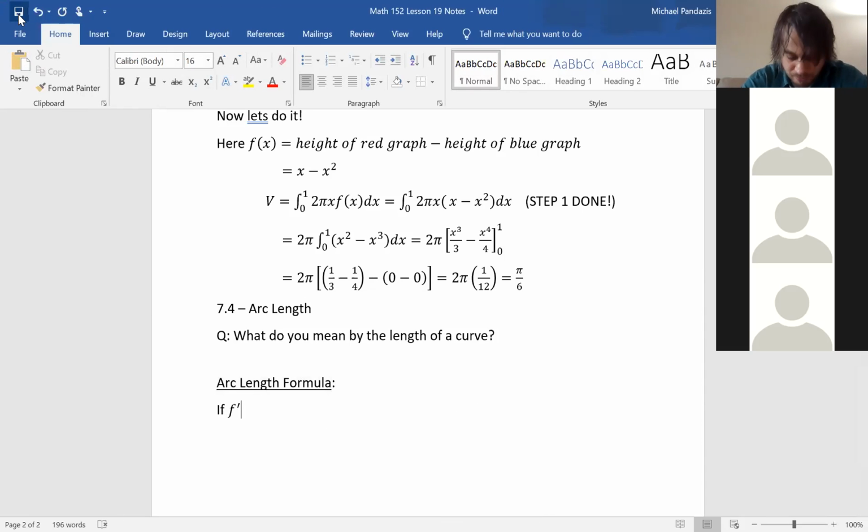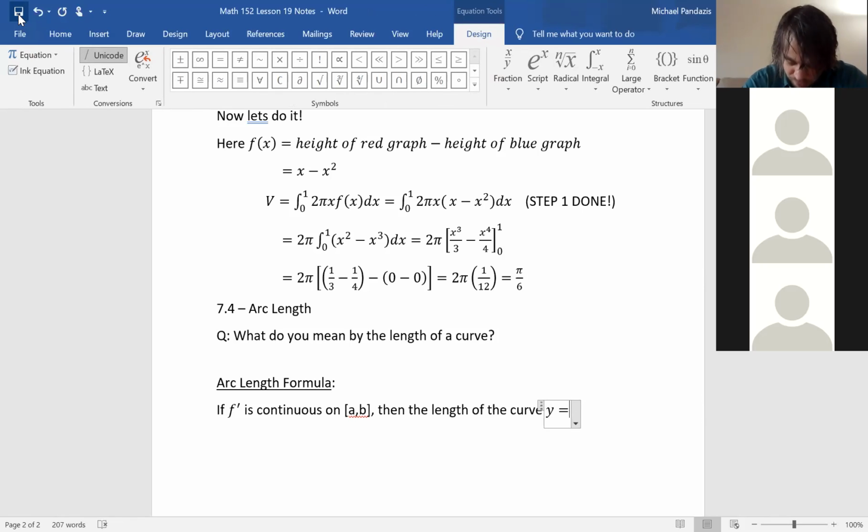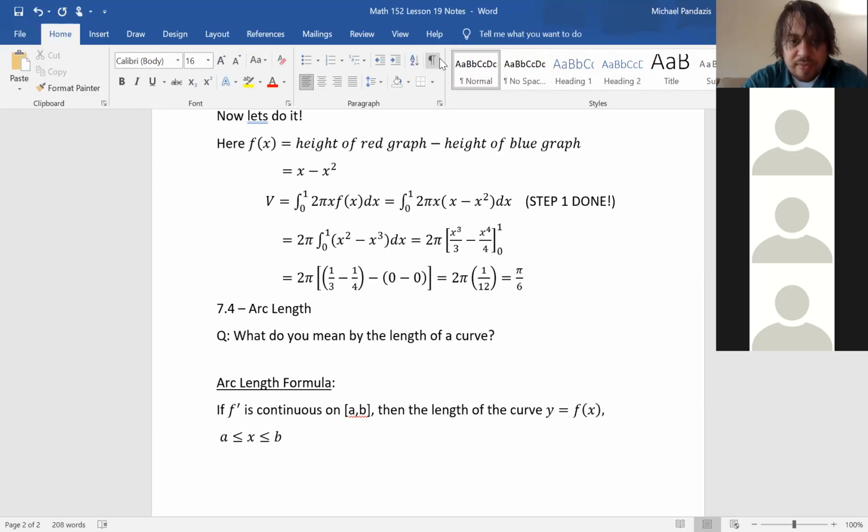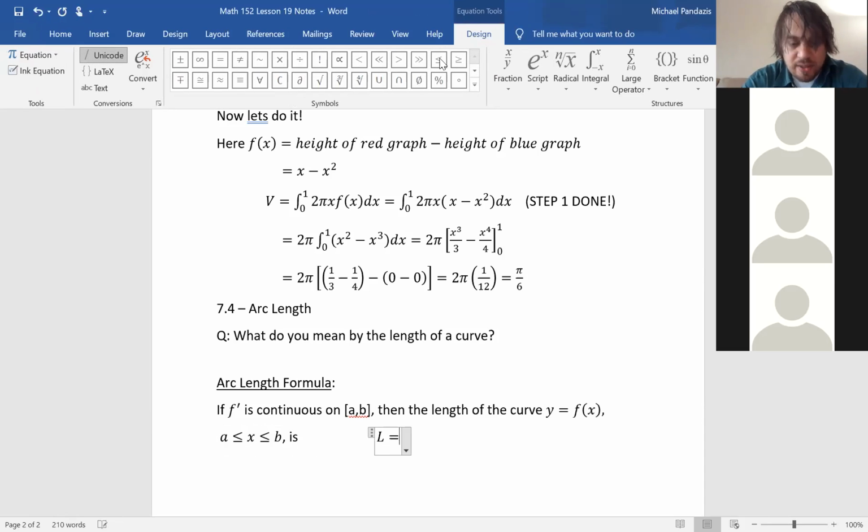So if f prime is continuous on the finite closed interval a comma b, then the length of the curve y equals f of x for a less than or equal to x less than or equal to b is, and that length, capital L, is equal to the definite integral from a to b of the square root of 1 plus f prime of x squared dx.